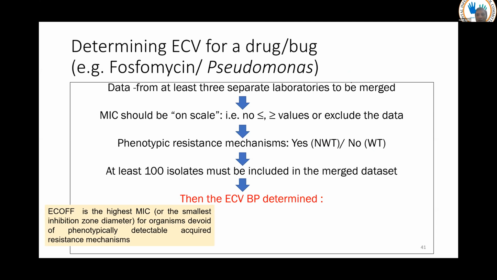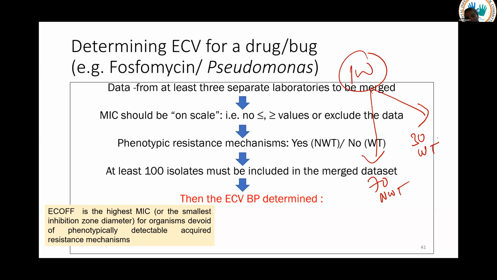Suppose there are 100 strains. Out of the 100 strains, 70 strains have no resistance mechanism detected. Let's say in 30 strains, there is some resistance mechanism detected. So you can classify the strains into 2 groups, wild type strains and non-wild type strains.